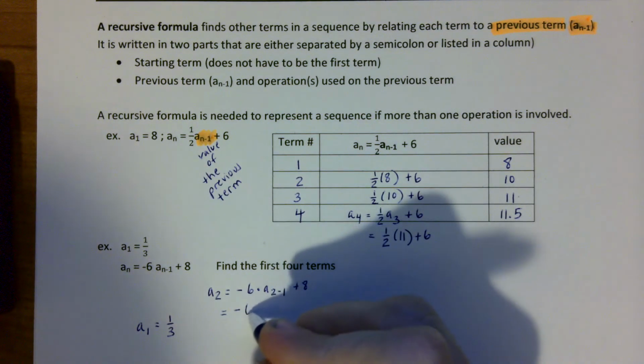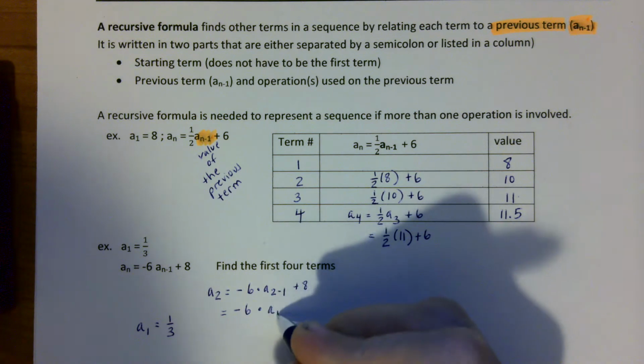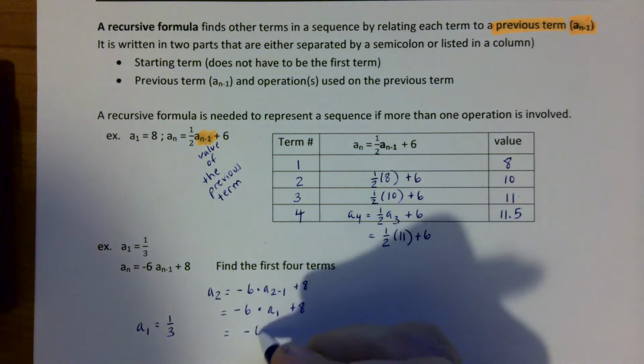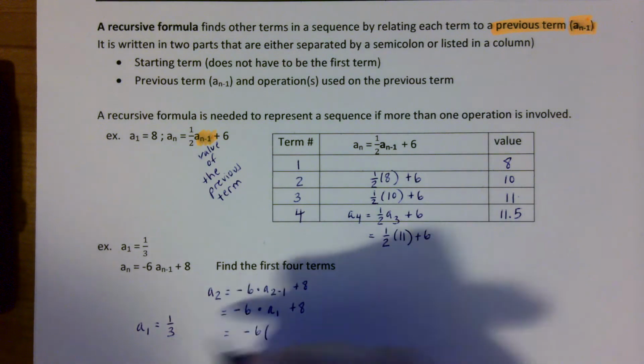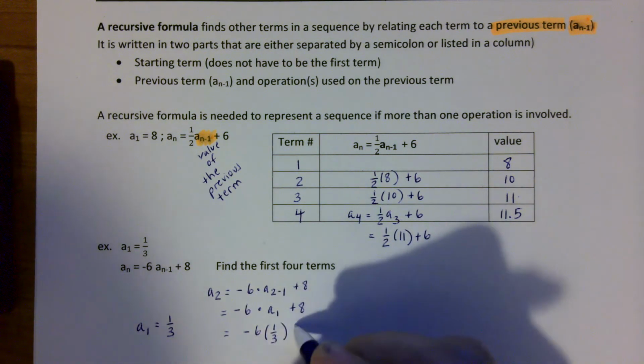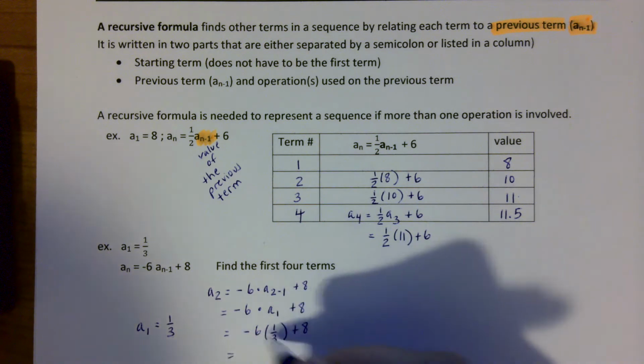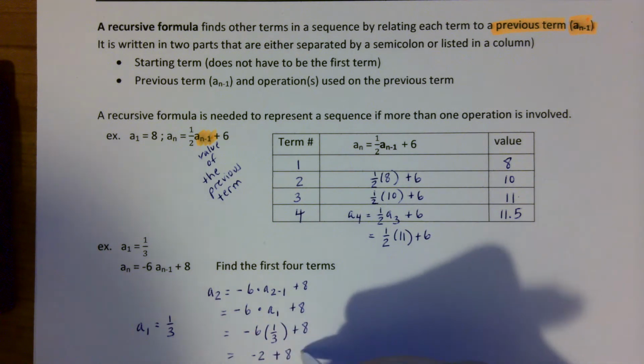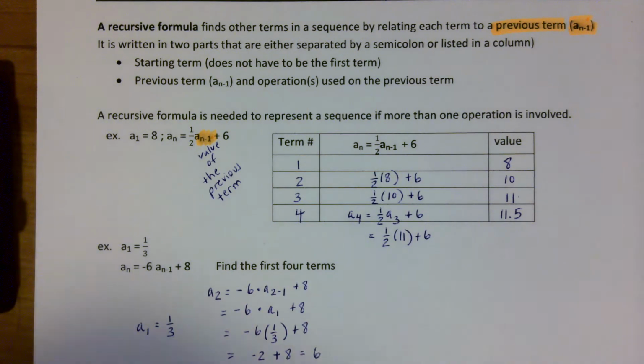That means -6 times whatever my first term is, plus 8. So -6 times 1/3 is -2, and plus 8 is a positive 6.